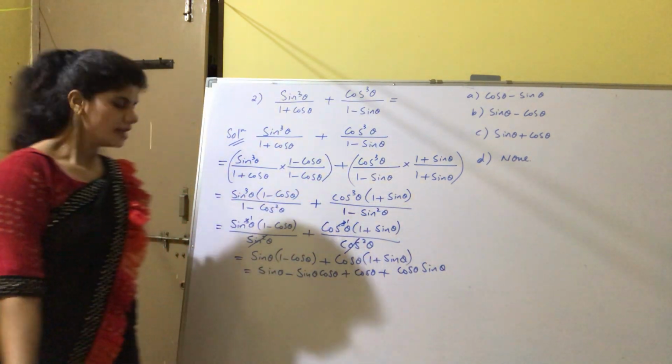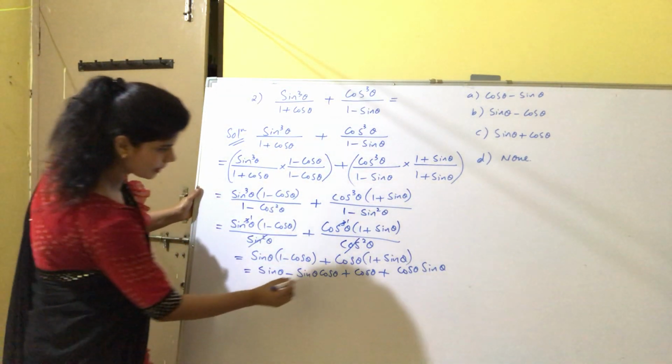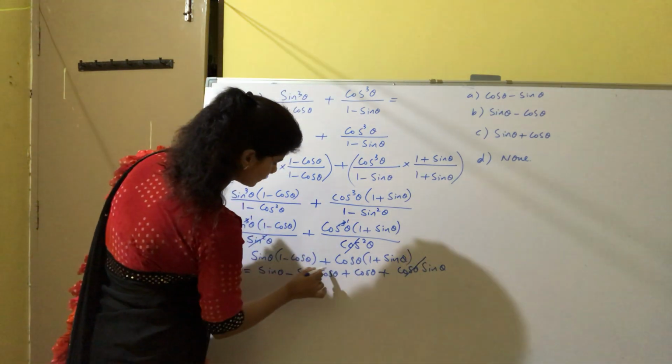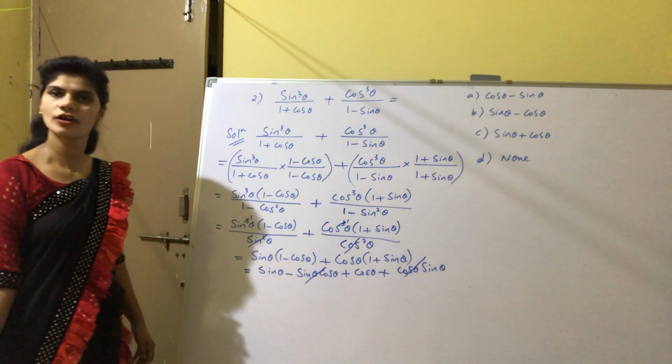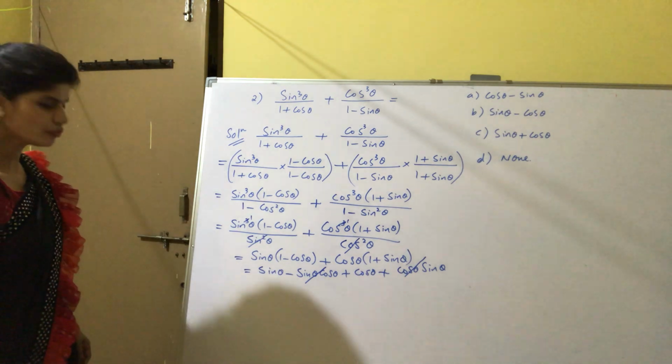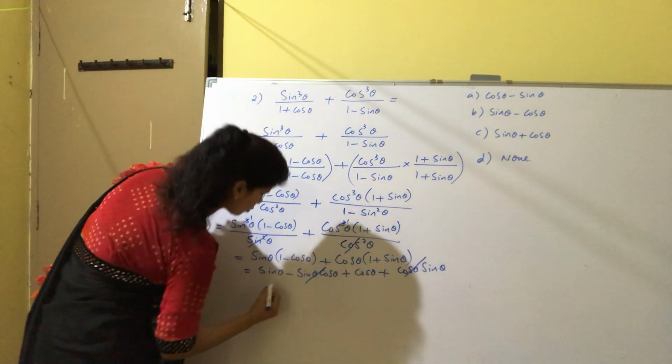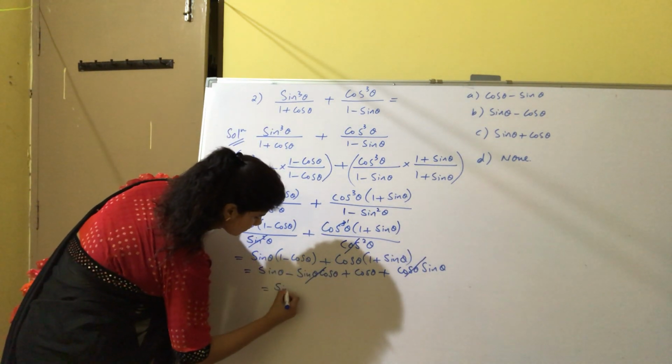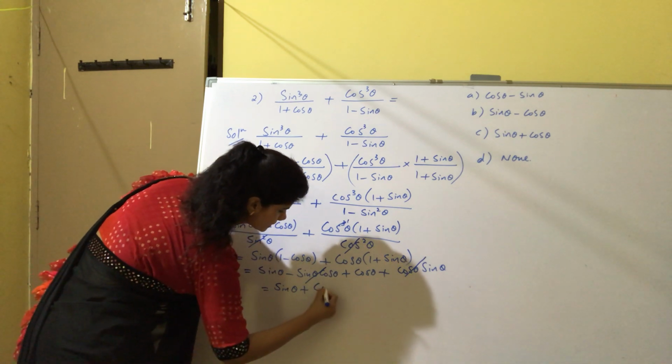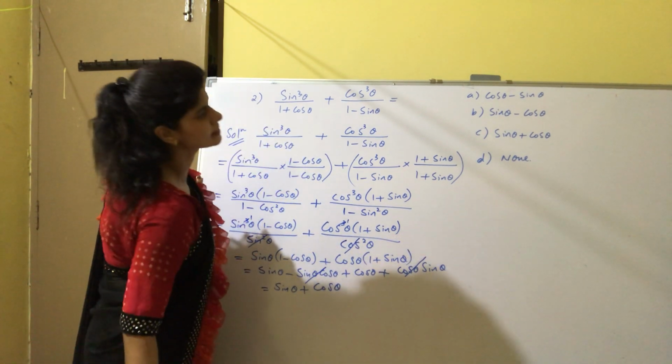Okay students, now in this case what you see is plus sine cos cancels with minus sine cos. So we are left over with what now? Sine theta plus cos theta is your answer.